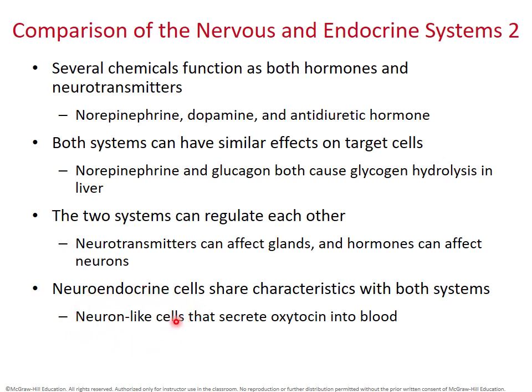For all intents and purposes, they're neurons. But at their axon terminals, instead of secreting a neurotransmitter into a synapse, they secrete a hormone into the bloodstream. The two kinds of neuroendocrine cells that we'll talk about are the cells that release oxytocin into the blood, and the cells that release, again, antidiuretic hormone. These actually come from axon terminals of these neuron-like cells.